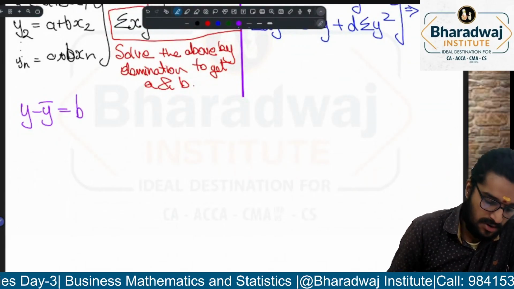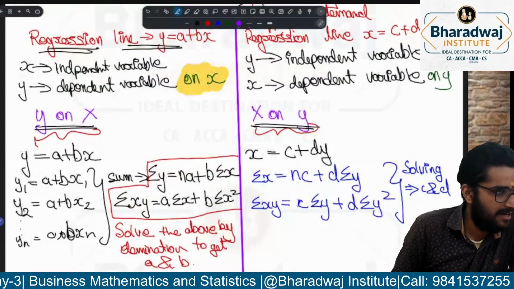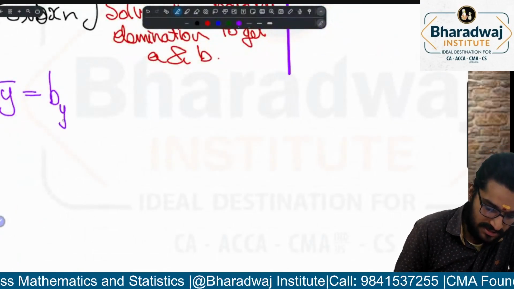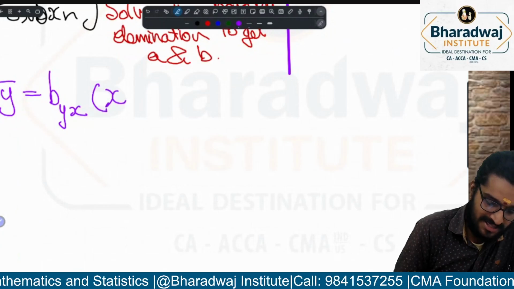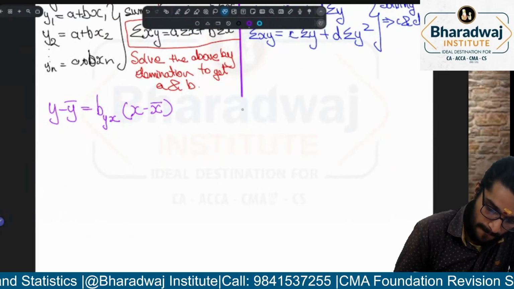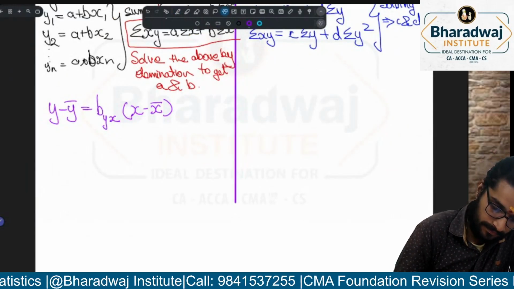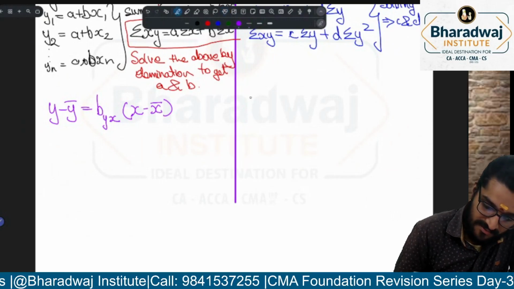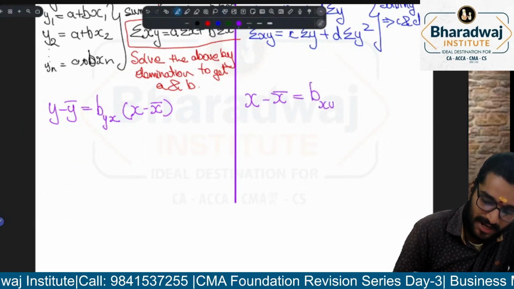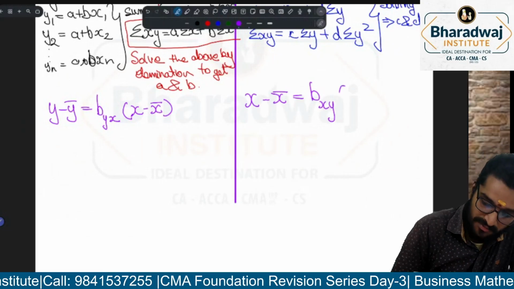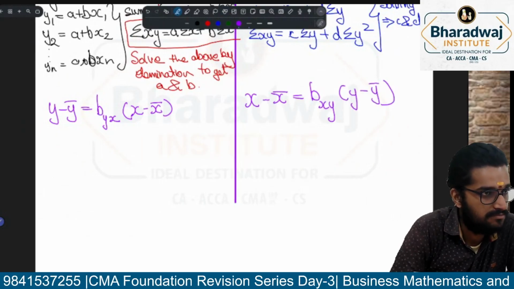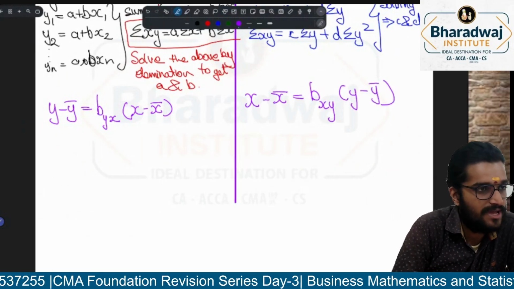Here the regression line is y dependent on x, so it will be byx times x minus x bar, and the same will be x minus x bar is equal to bxy times y minus y bar. Clear?